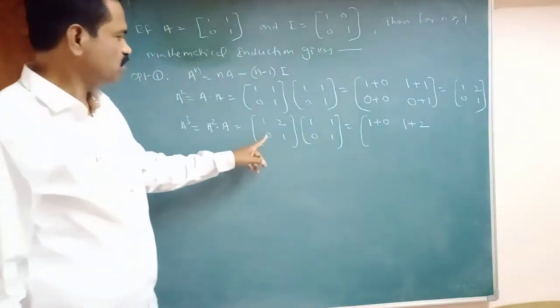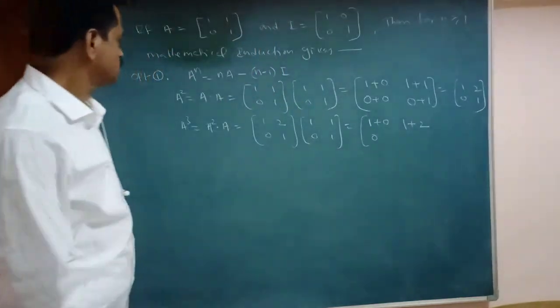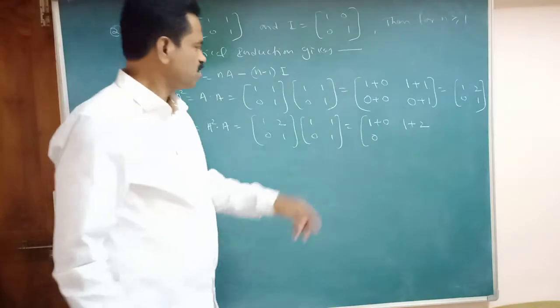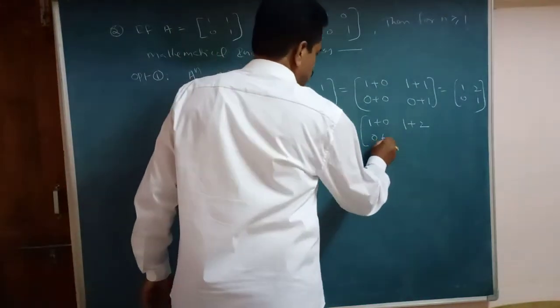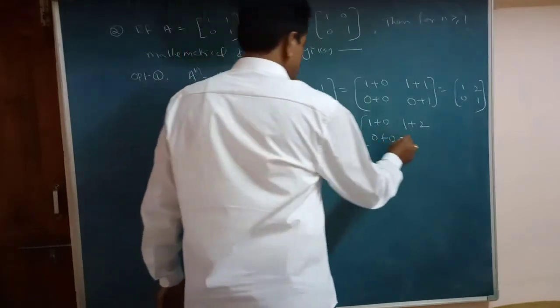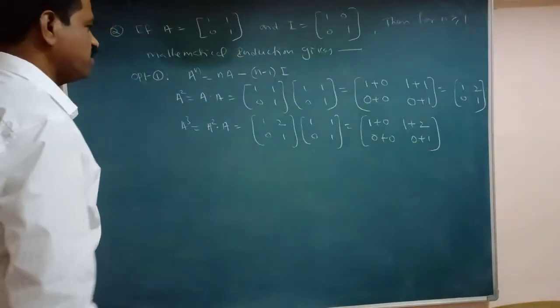Next second row, 0 into 1 is 0, 1 into 0 is 0, and 0 into 1 is 0, 1 into 1 is 1.